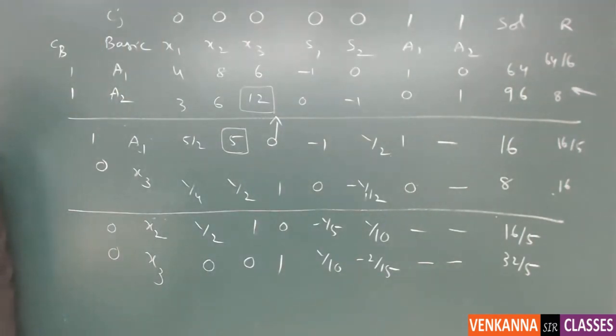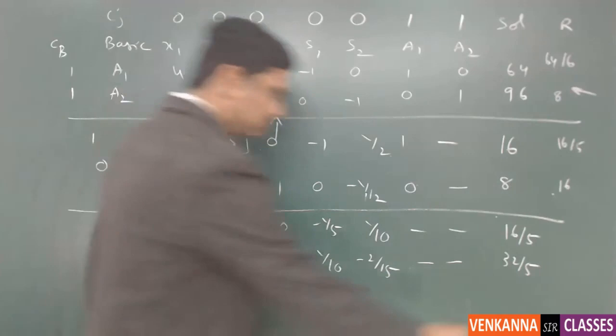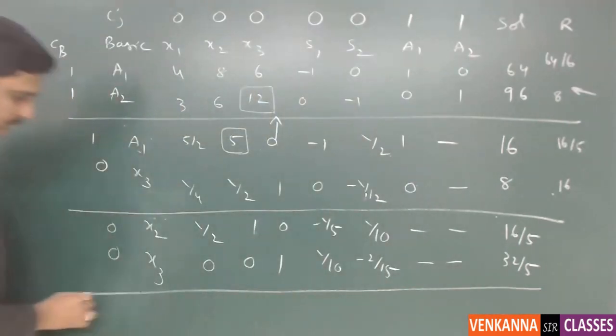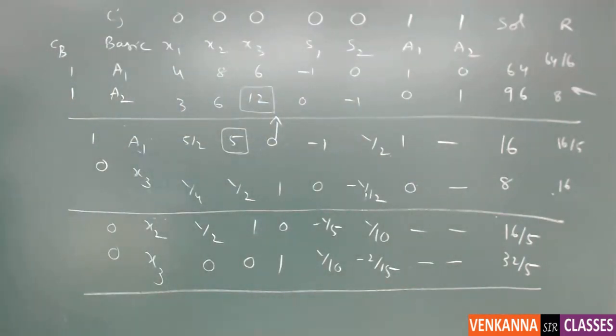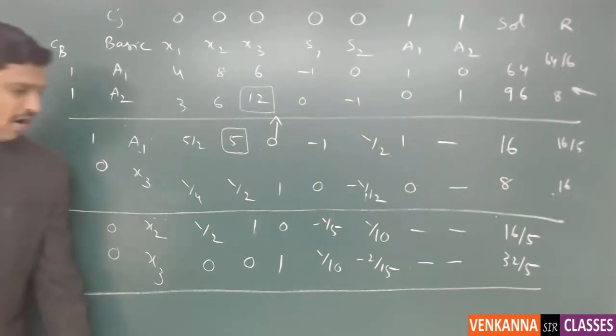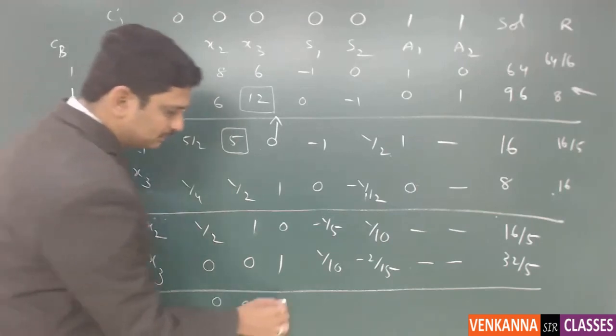These are the corresponding values. You can cross check that later. Now, if you calculate Zj and Cj minus Zj as well, you can check optimality is reached because all the values here have become 0.